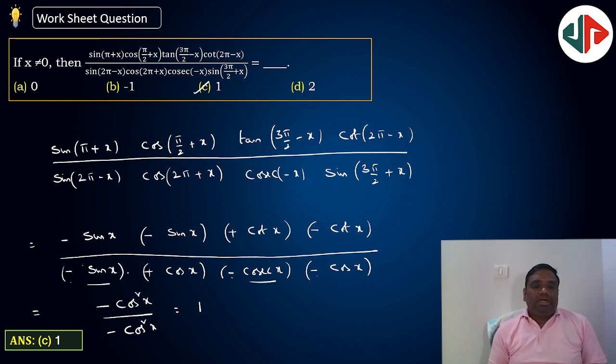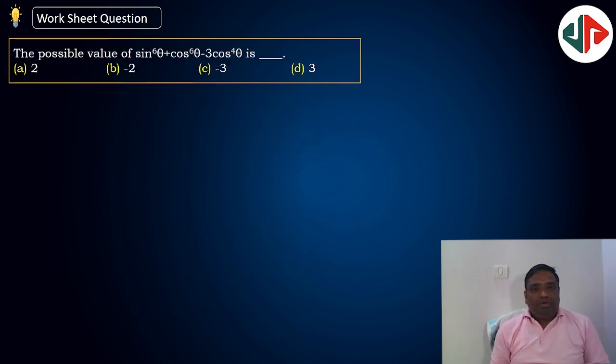Let us see the nature of trigonometric ratios concept. If you are good, then this question is direct. What are the possible values of sine power 6 theta plus cos power 6 theta minus 3 times cos power 4 theta? Whenever questions like these are given, we can use the identity concept or anything. It is true for all real values, because the domain of sine and cos is all real numbers.